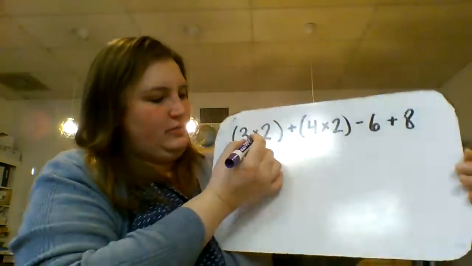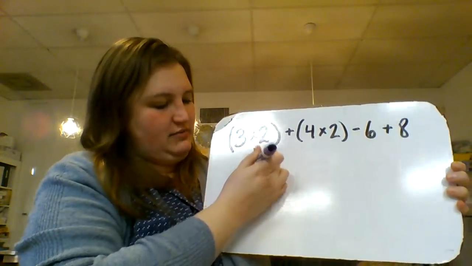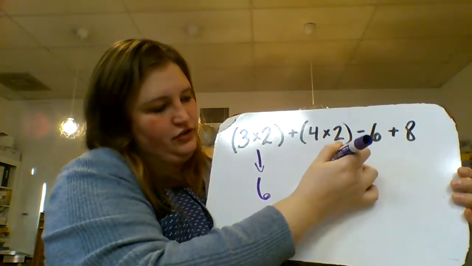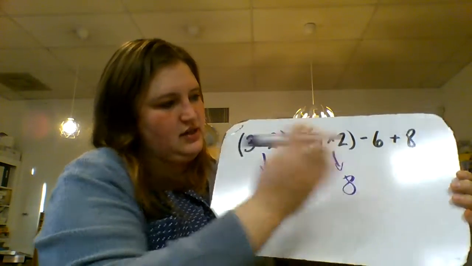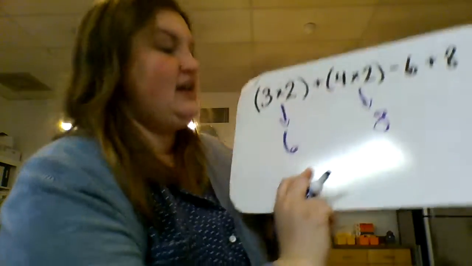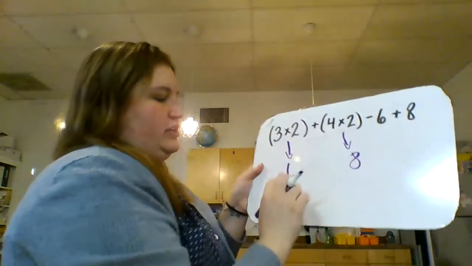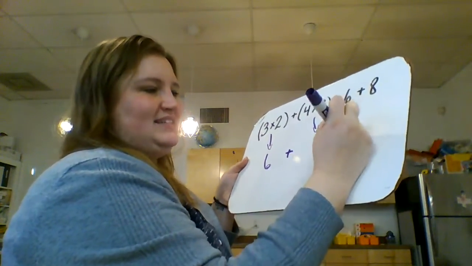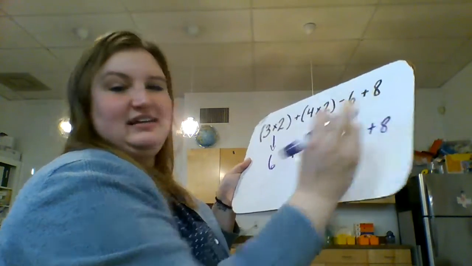Okay, so I'm going to do this. 3 times 2 is 6. Here I have 4 times 2, which is 8. That's all for my parentheses, so I'm going to finish writing the rest of the equation. So I have 6 plus 8 minus 6 plus 8. That's funny, I didn't even plan that.